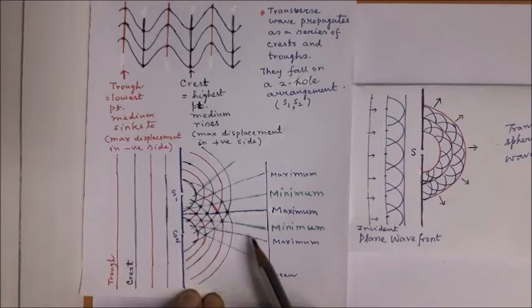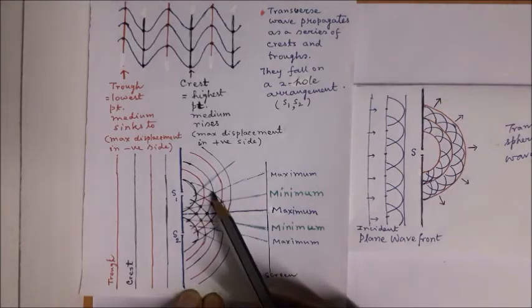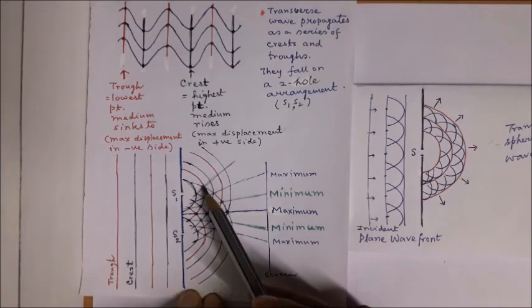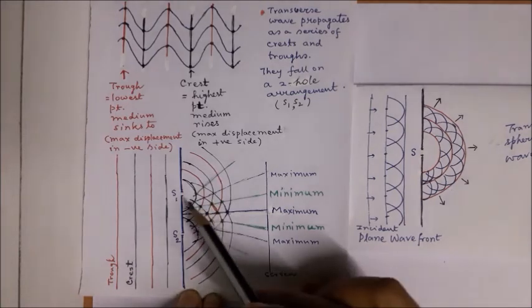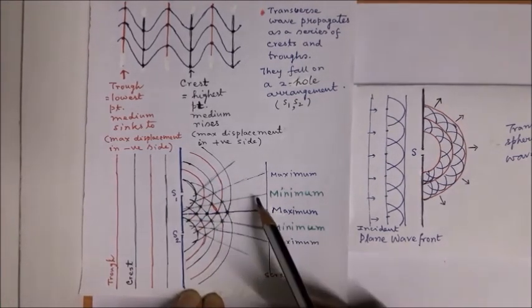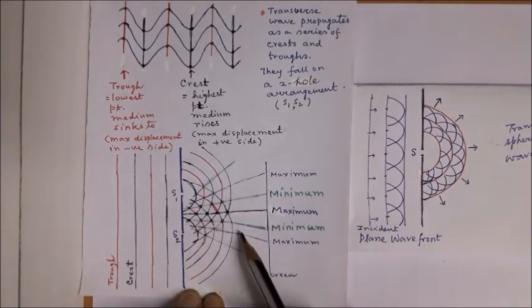So this again corresponds to points of maxima. Here also the same thing occurs because crests of both meet while troughs of both meet. The adjacent line again corresponds to the crest of one meeting the trough of the other, and here too the same thing. So this is one minimum, this is a maximum, this is again a minimum and again a maximum, and here again a minimum, then maximum, then minimum, and so on and so forth.